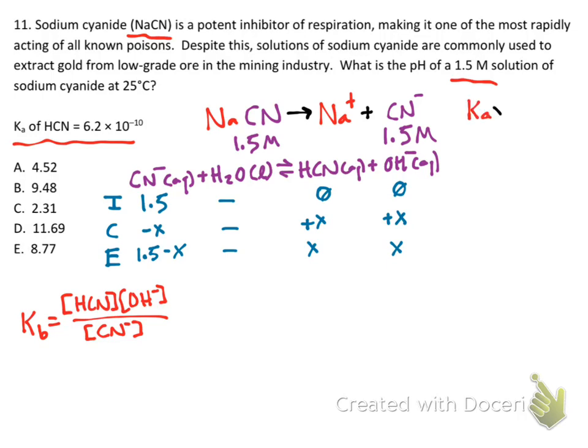We can use this relationship: the Ka times the Kb of a conjugate acid-base pair is equal to the auto-ionization constant of water, Kw, which at 25 degrees Celsius is 1 times 10 to the negative 14th. So let's solve for that. Our Ka of hydrocyanic acid is 6.2 times 10 to the negative 10th. Kb is what we need here, and it's equal to 1.0 times 10 to the negative 14th divided by the Ka.